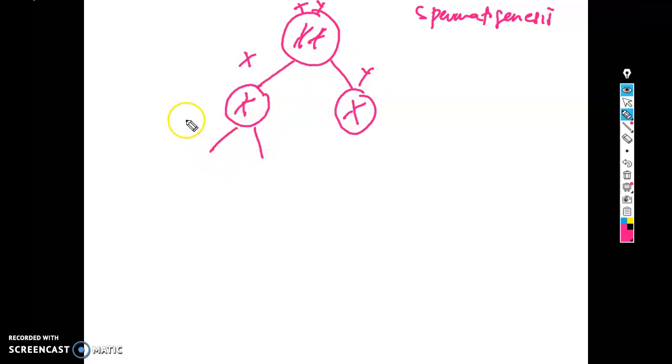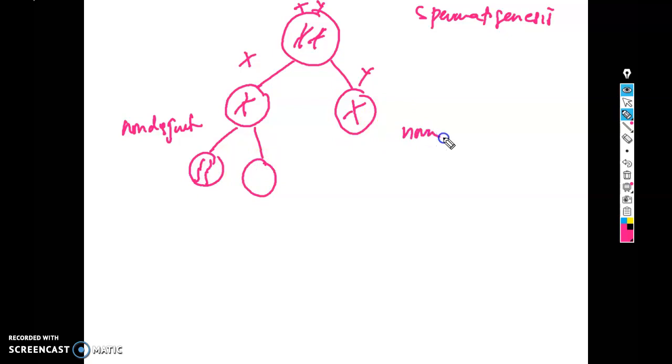If there is non-disjunction, non-disjunction here, they will produce 2 and this 0.